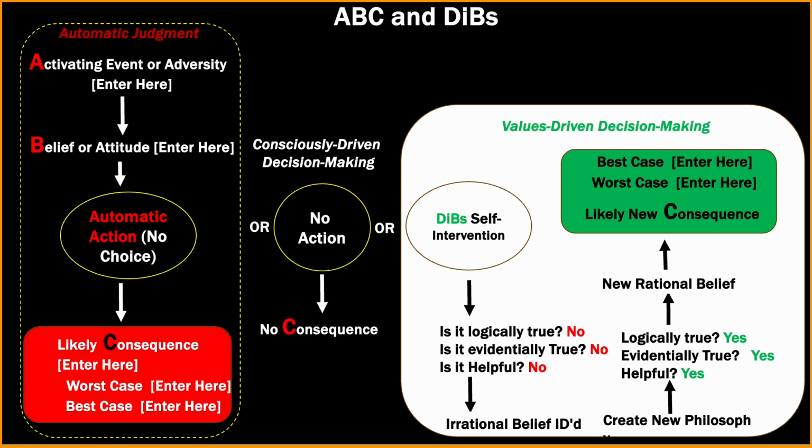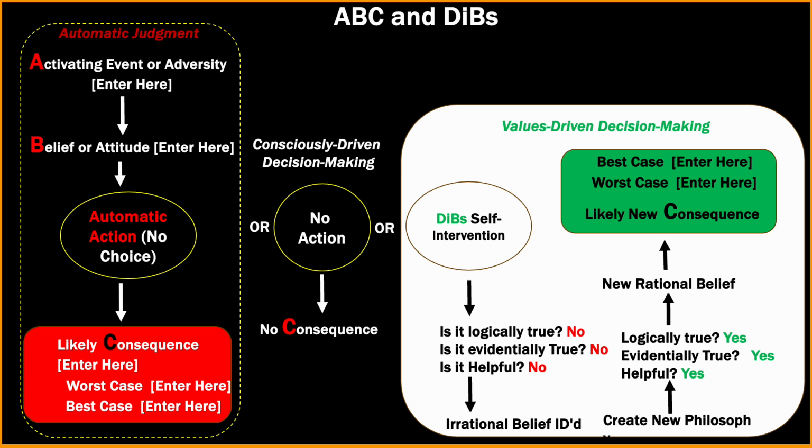Lastly, notice that with automatic behavior, the best consequence is that nothing bad happens, and the worst consequence is that bad things do happen. But the inverse is true with the DiBs model. The worst case is that nothing of any consequence happens, whereas the best case is that you produce consequences that help you reach your goals.